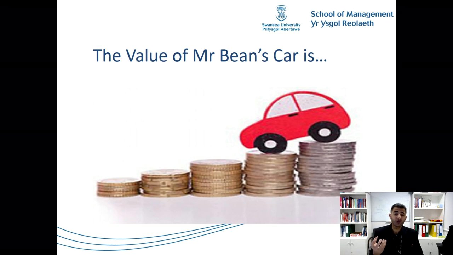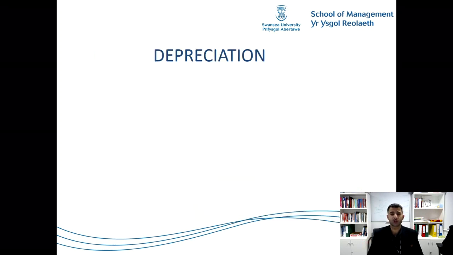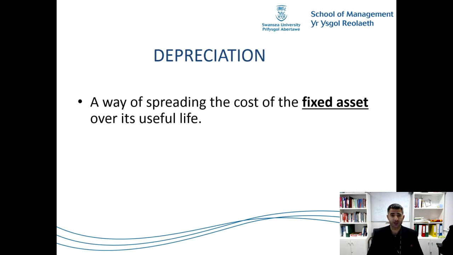So the value of non-current assets, or the value of this car, is dropping over the years. Why is it dropping? Because it's being used. And that is where depreciation comes in. Depreciation is a method, a way to spread the cost of the fixed assets or non-current assets over its useful life.